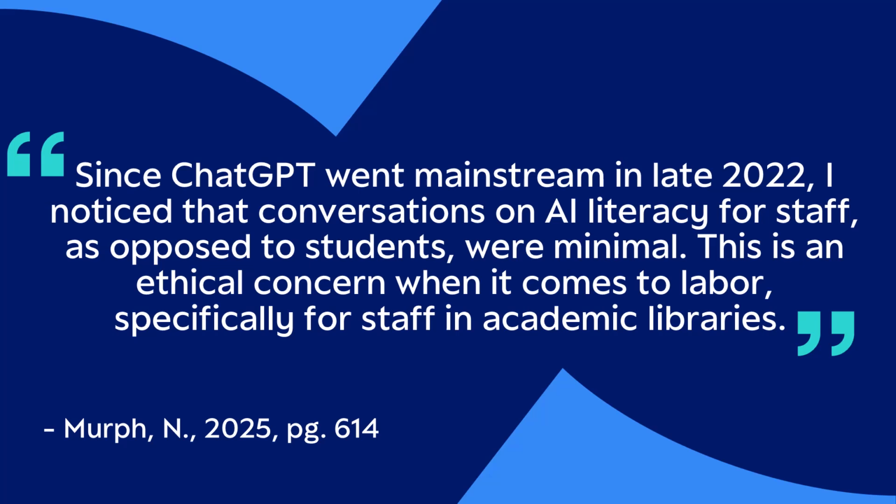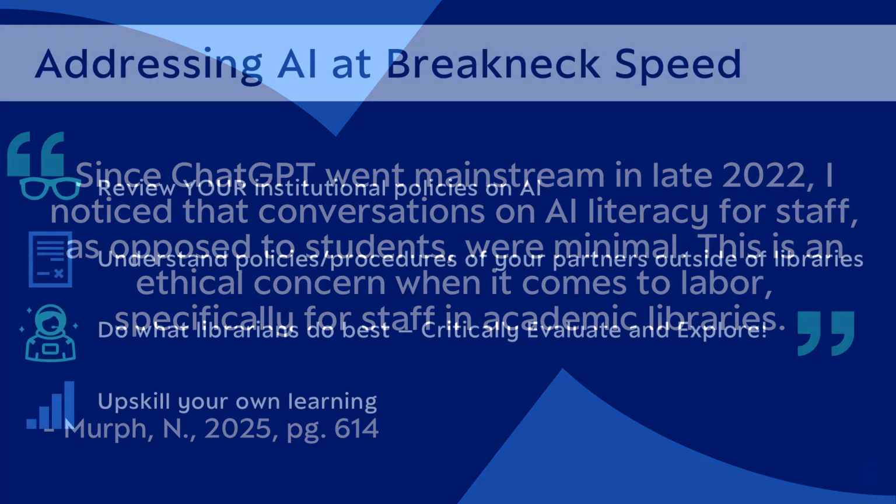An example being the use of AI tools to review papers to see if students used AI. So, how do we as the librarians, as information professionals, teach and create research in such a climate?